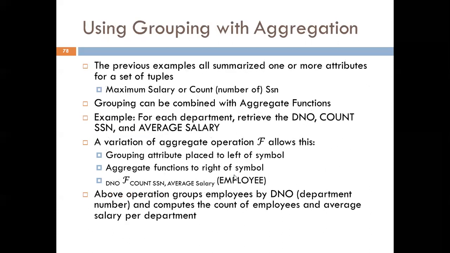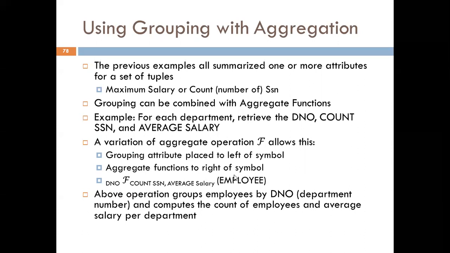An additional thing is grouping with aggregation. In the previous examples we saw how one or more attributes can be utilized in the aggregate functions. Most of the time we need to group the tuples and then apply the aggregate function, just like how we were using the group by clause in SQL.